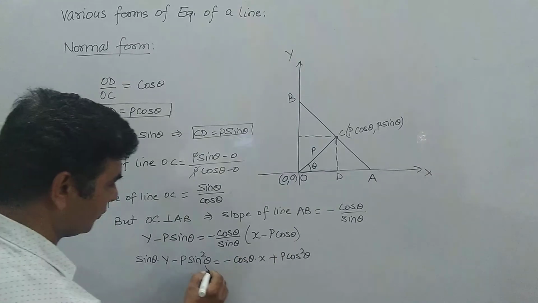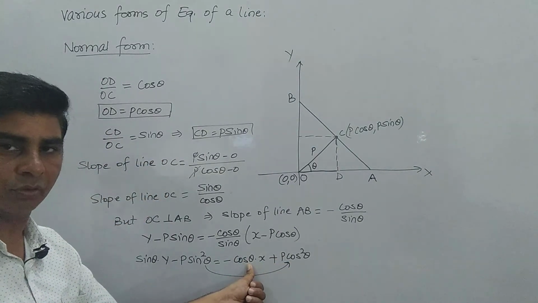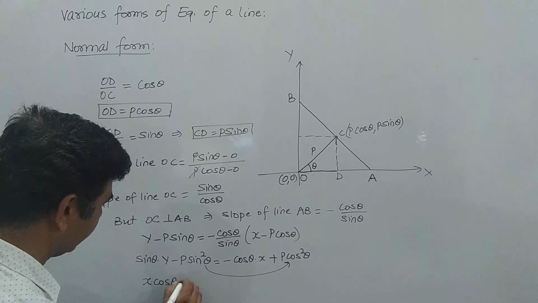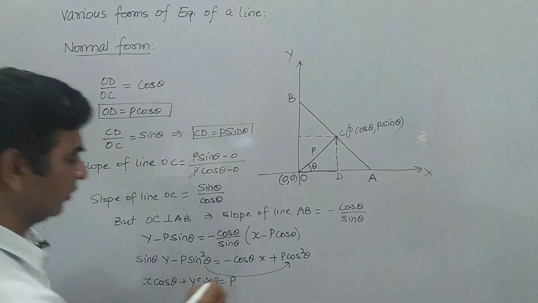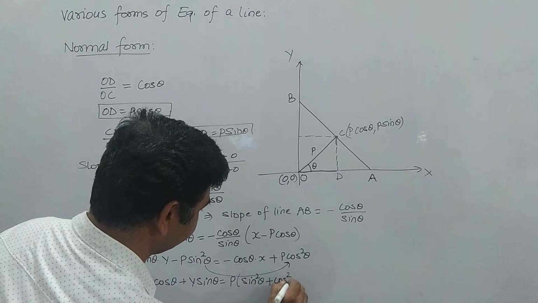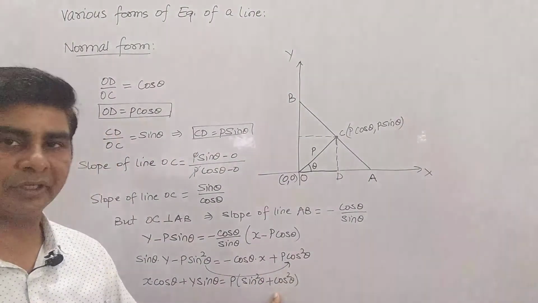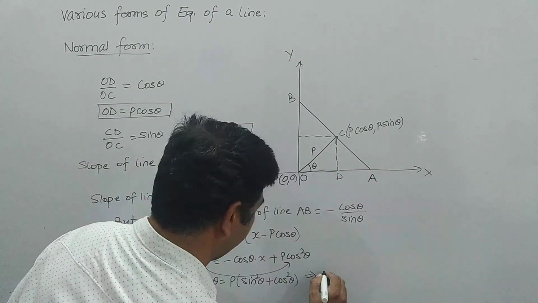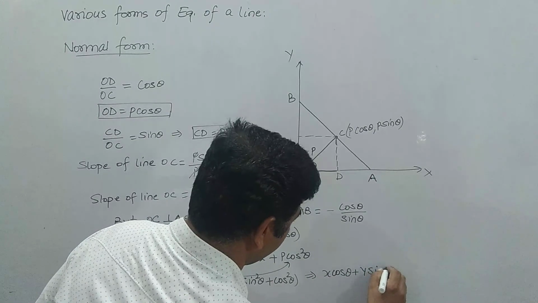Let us take p sin square theta to the right hand side and minus x cos theta to the left hand side. This is x cos theta plus y sin theta is equal to p, because p is common: p sin square theta plus p cos square theta, and p can be taken common. So this is now 1, and the equation of line is given by x cos theta plus y sin theta is equal to p.